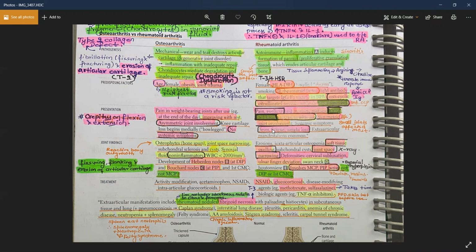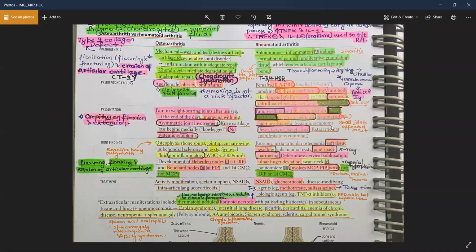Very important to note that. So the patient will have morning stiffness that will be resolved along with the use of the joint. Because it is an autoimmune, inflammatory condition, the patient will also have systemic signs and symptoms that include fever, fatigue, and weight loss. These are also there.